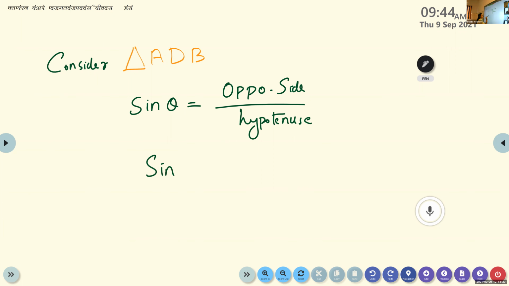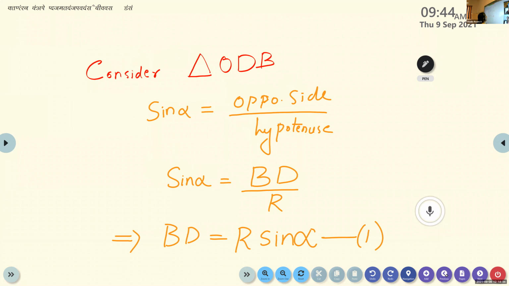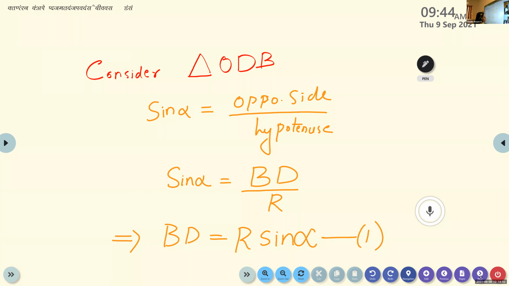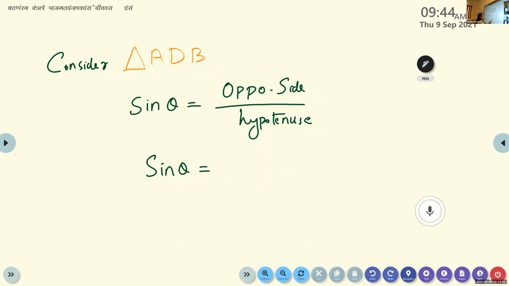So from the figure, what is the opposite side here? The angle theta is here. The opposite side is BD, the hypotenuse is AB. So sine theta is BD divided by AB.